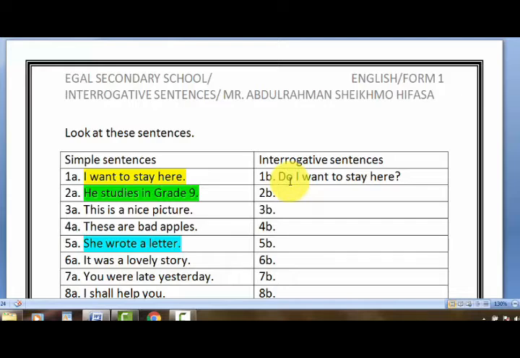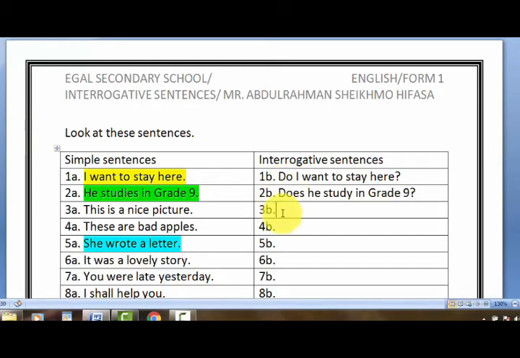We don't have any verb to be, any has or have, any modal auxiliary, so we use the word does. Does he study? Now in this next stage, we can't use two singular verbs in a single statement, so we trace it back to the present verb study, in grade 9. Don't forget to put your question mark because you are dealing with a question.